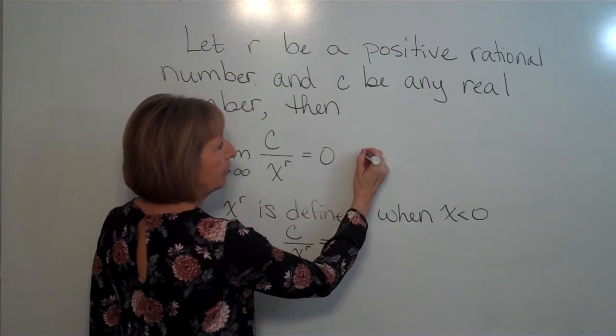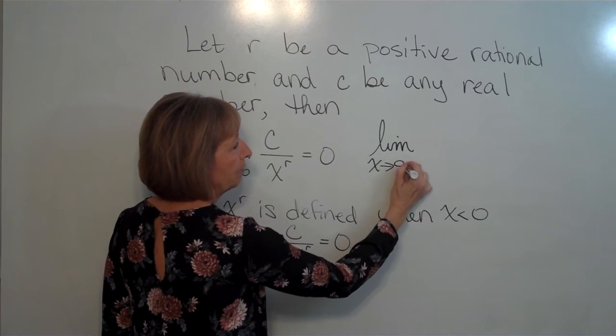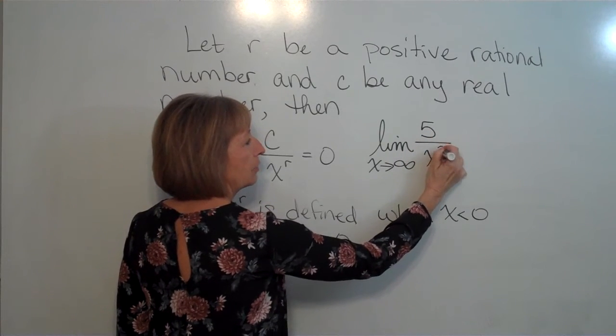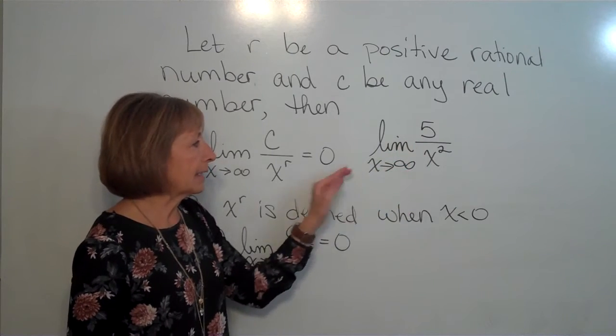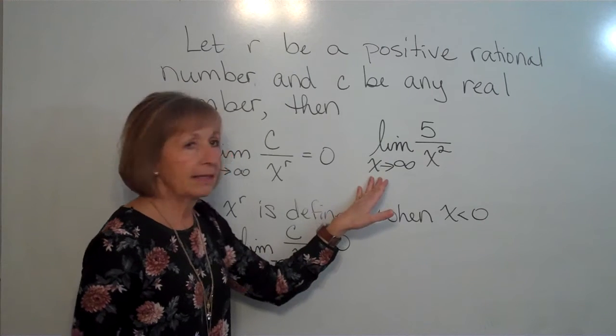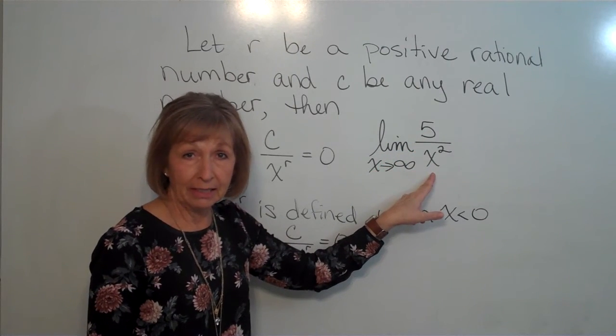and so my limit is going to 0. So for example, if I take the limit as x approaches infinity of 5 over x squared, think, if I am letting x go off to positive infinity, then when I think, say, x is 10, that'd be 5 over 100.